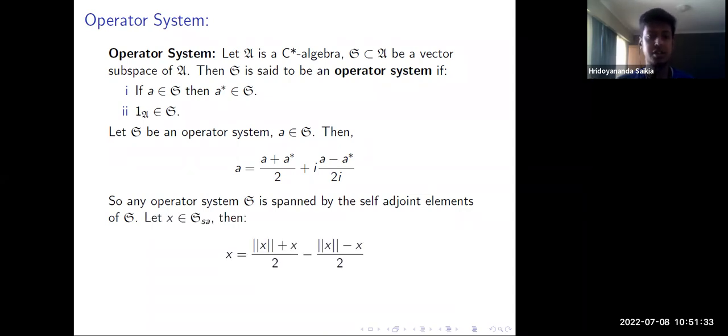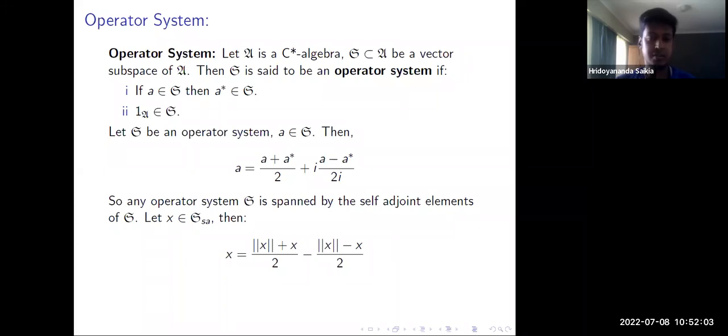Now again, suppose X is any self-adjoint element, then I can write it as a linear combination of two positive elements. Here I can write X as (norm of X + X)/2 minus (norm of X - X)/2.